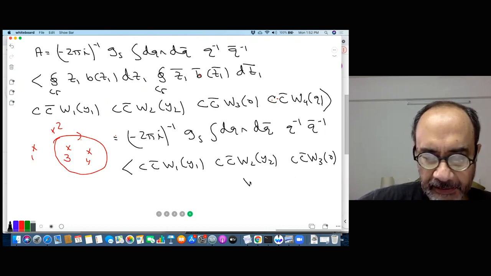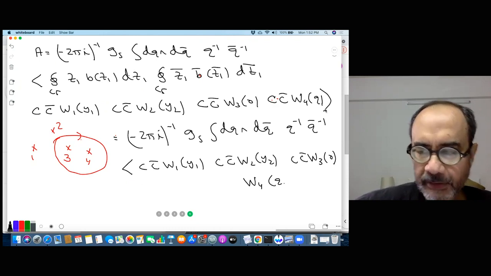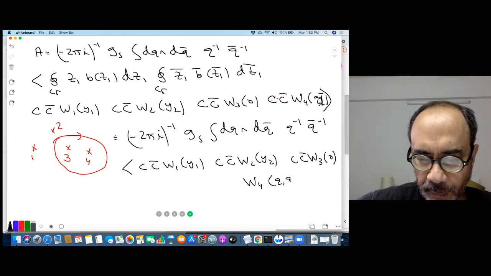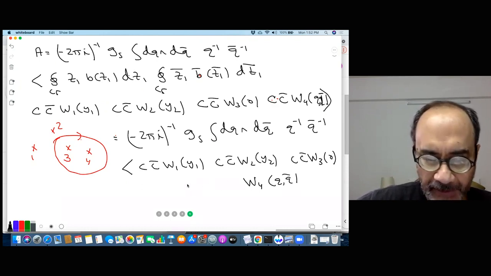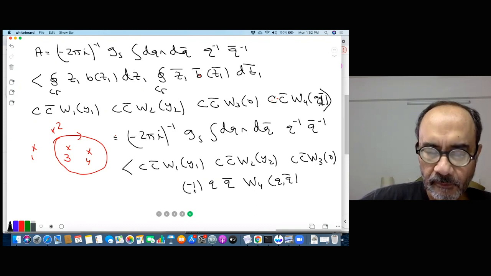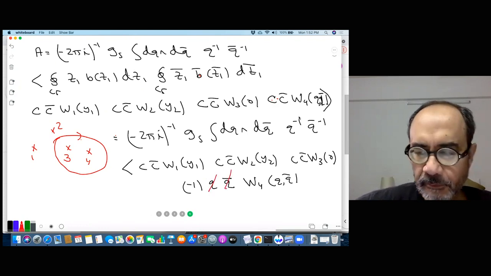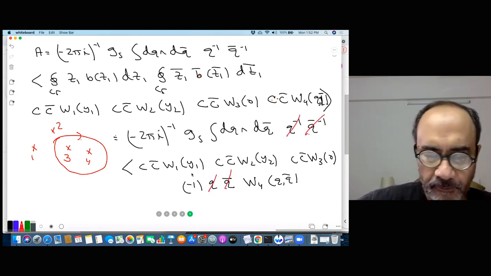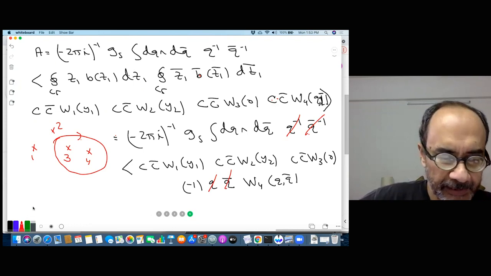And then here you have W4 of Q, well, Q and Q bar, of course, because W4 is not holomorphic. In that process, I have picked up a minus sign and a factor of Q and Q bar. So this Q and Q bar cancels these factors.